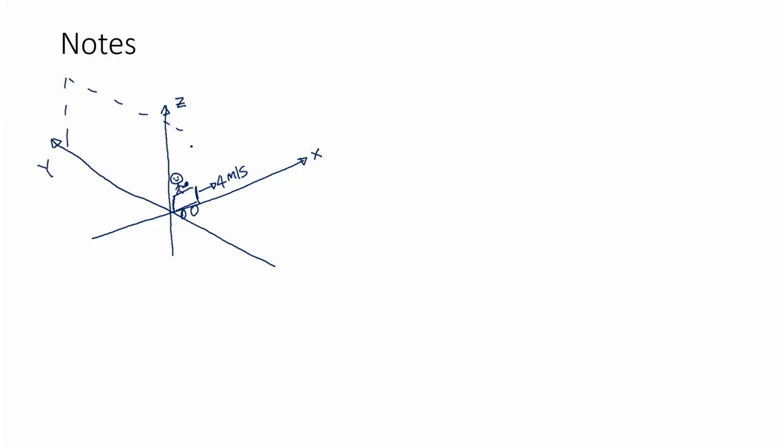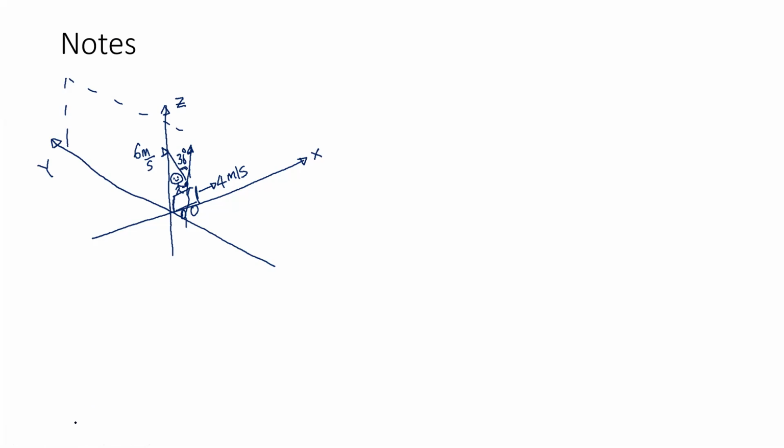Okay, so in the YZ plane, the velocity is 6 meter per second, and he projects at an angle of 30 degrees with the vertical. Okay, so that means parallel to the Z axis. Are you guys okay here? Yes.